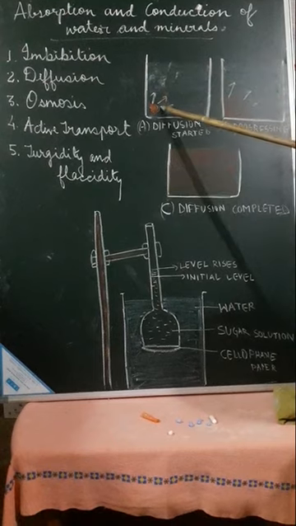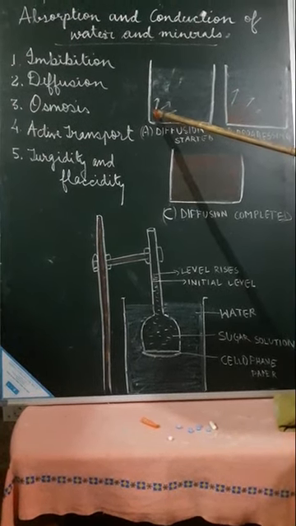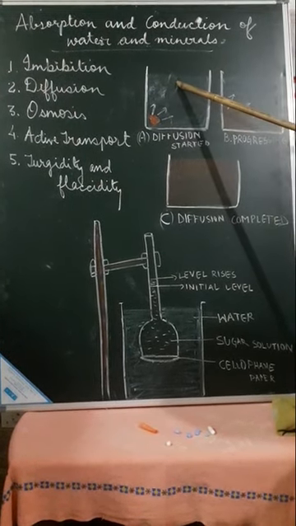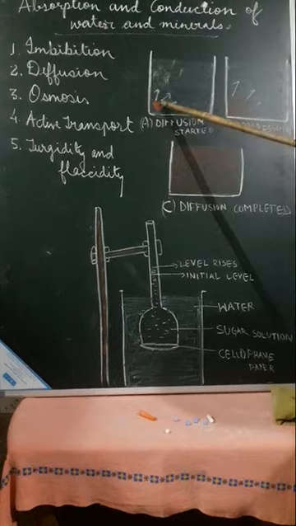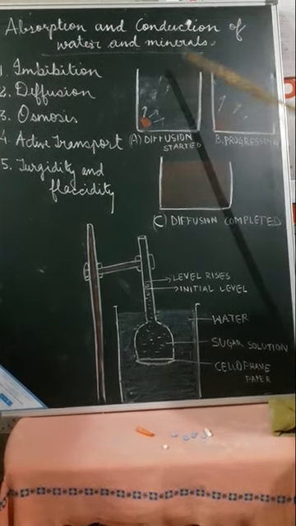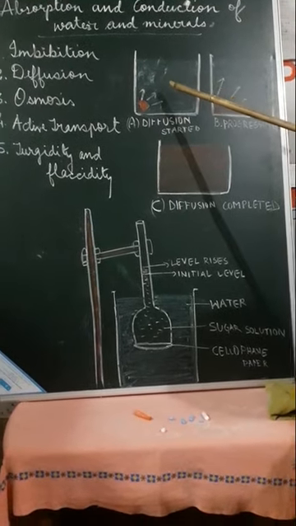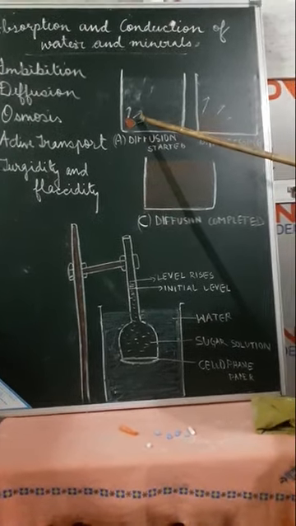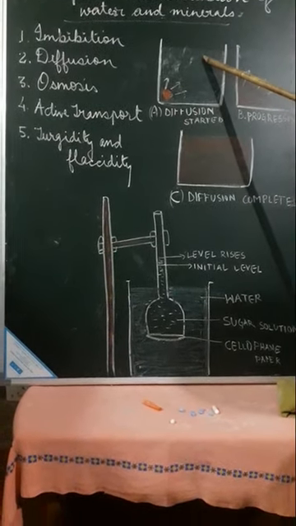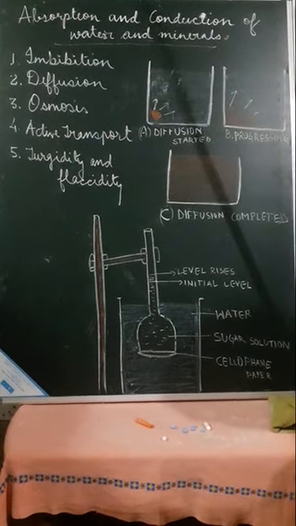When we add this potassium permanganate in water, the molecules of potassium permanganate can be seen moving from higher concentration to lower concentration. That's why the definition is: diffusion is the process in which substance molecules move from higher concentration to lower concentration when both are in direct contact.